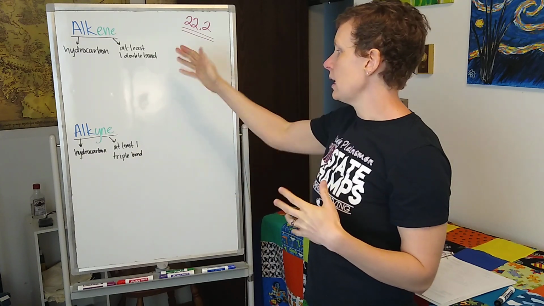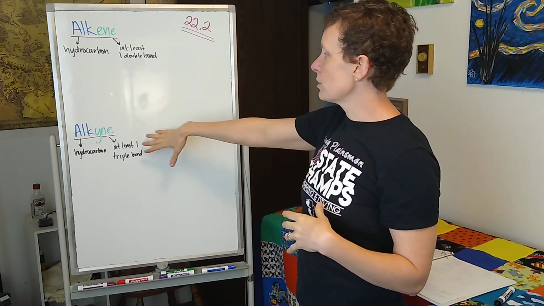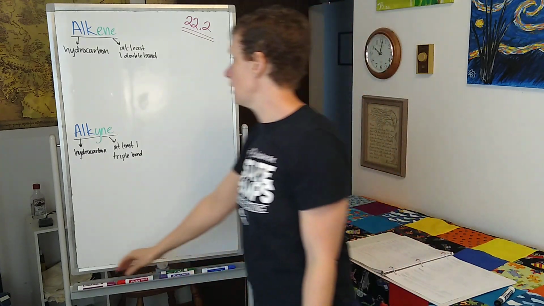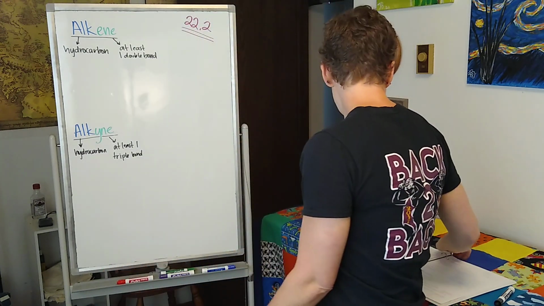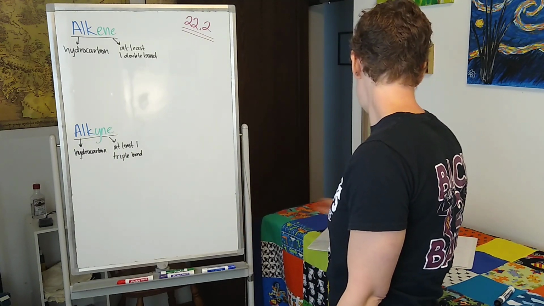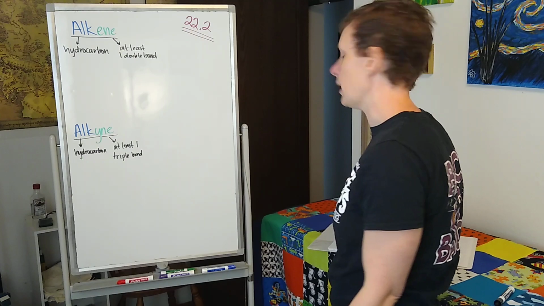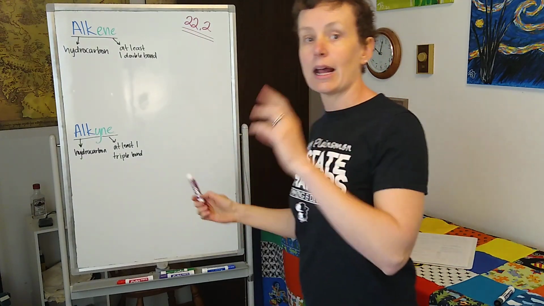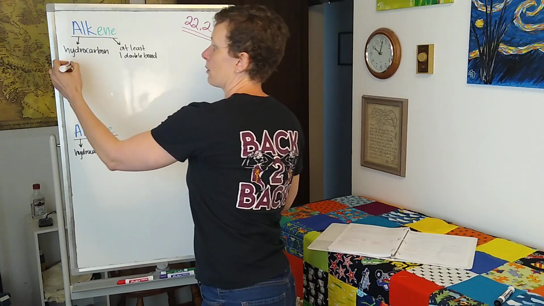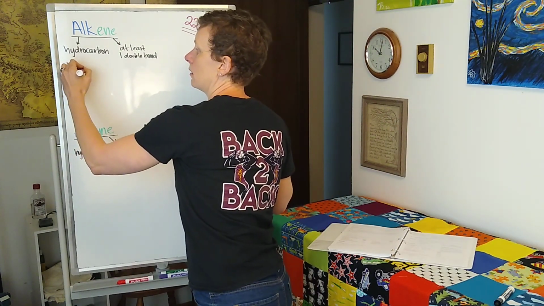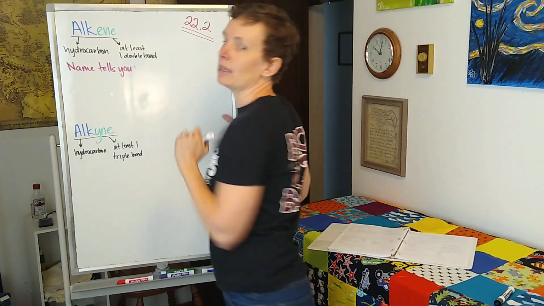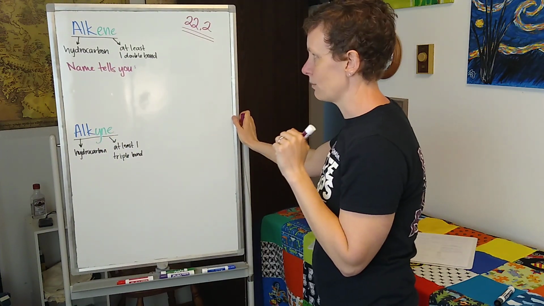Okay, so alkenes, alkynes. Now we have multiple bonds in our structures, and we're going to name these using that information. Okay, so naming alkenes. We're going to take some notes on naming alkenes, and alkynes are very, very similar to alkenes. So first I want to write what we're going to do. The name tells you, by the way, these are your class notes, so find this section of your packet, okay?